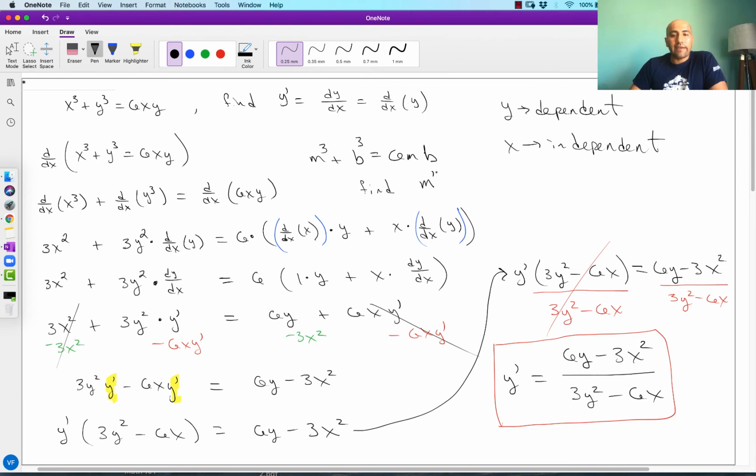If they ask you to find m prime, and this is what they gave you, then we're taking the derivative with respect to b. So as we go through, this will be a normal derivative because it's with respect to b, but we'll end up with our implicit derivatives here when we take the derivative of m cubed with respect to b. Okay, all right, we'll do an example like that next.